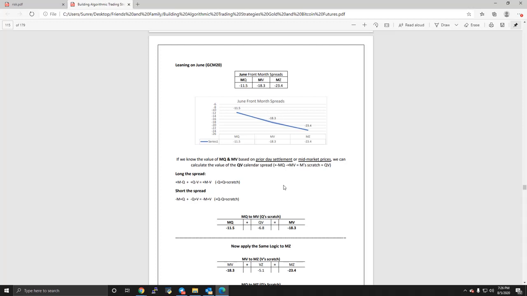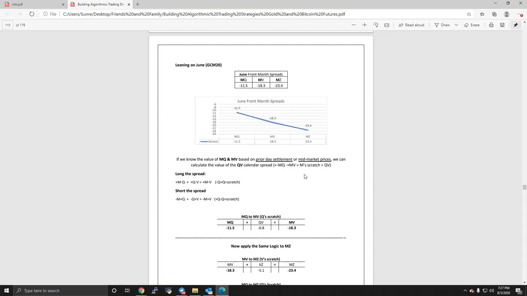And to go through A plus B equals C, as we scroll further in the book, we really dive into the math of what A plus B equals C is, and we zoom in on 3 different calendar spread markets. We zoom in on the MQ, the June August, we zoom in on the MV, the June October, and we zoom in on the MZ, the June December.